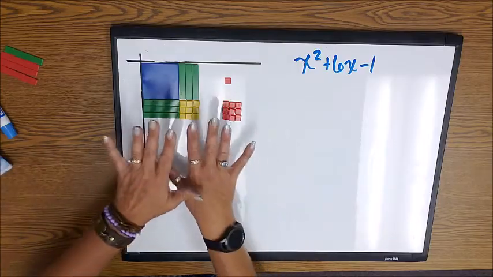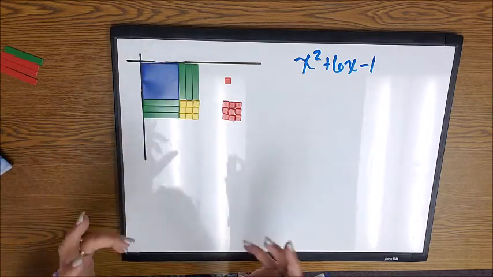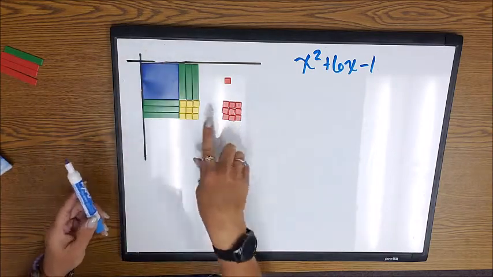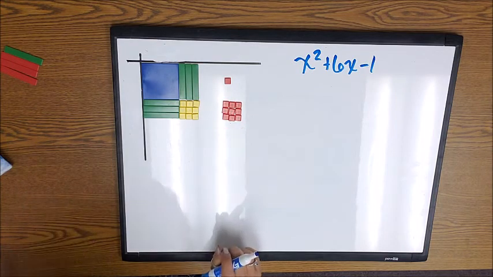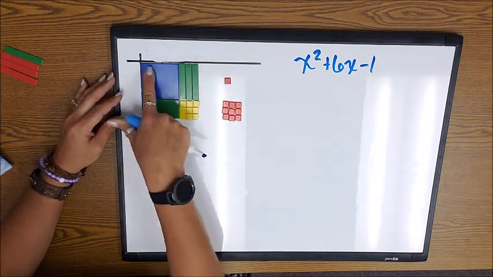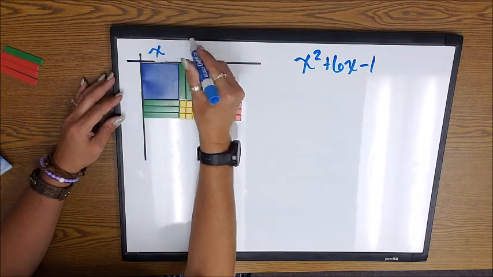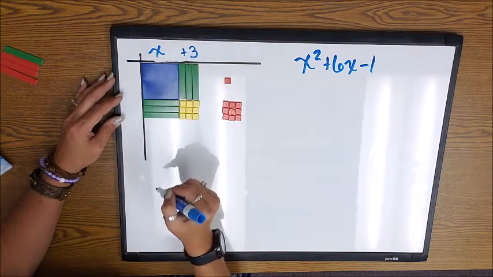So now what I need to do is interpret what my picture says. I've made my square, so I have completed the square, and I've added and subtracted all of the numbers that I need to. So let's take a look at what this represents. This is x across, and then 3, so that's my plus 3.